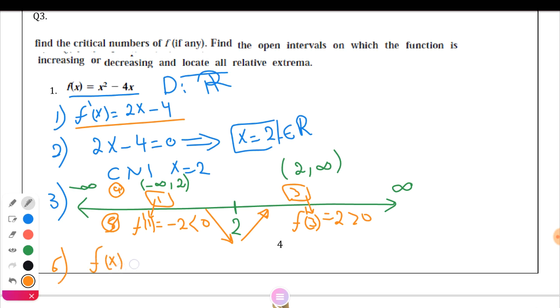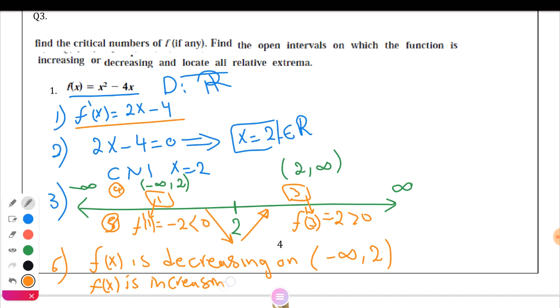f(x) is decreasing on the interval negative infinity to 2. f(x) is increasing on which interval? 2 to infinity.